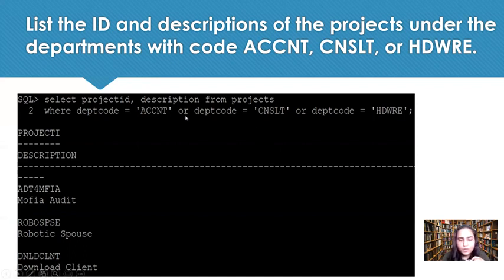The reason we are using the OR keyword here is that if you use AND, you will end up getting nothing. If you use AND, you're trying to say that there is some project that would belong to ACCNT as well as CNSLT as well as HDWRE, and that is not possible.